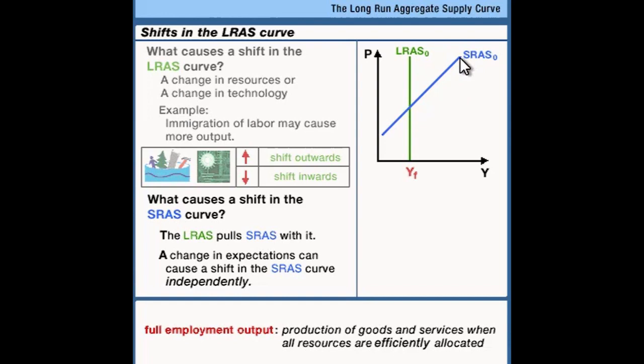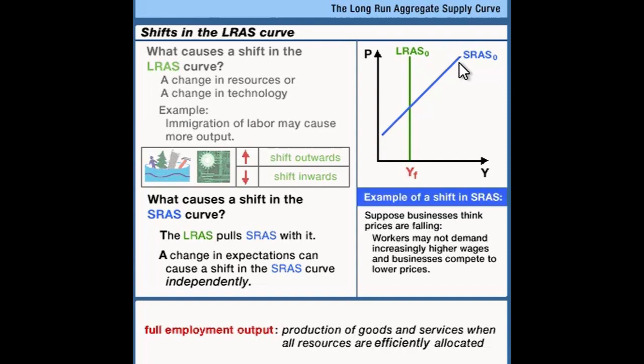What's going to start to happen is that workers, in order to remain competitive, will be willing to accept smaller wage increases. What happens also is that my business, trying to stay ahead of your business, is going to try to lower its prices first. Everybody, if they think that prices are falling, is going to move quickly to lower prices ahead of everyone else.